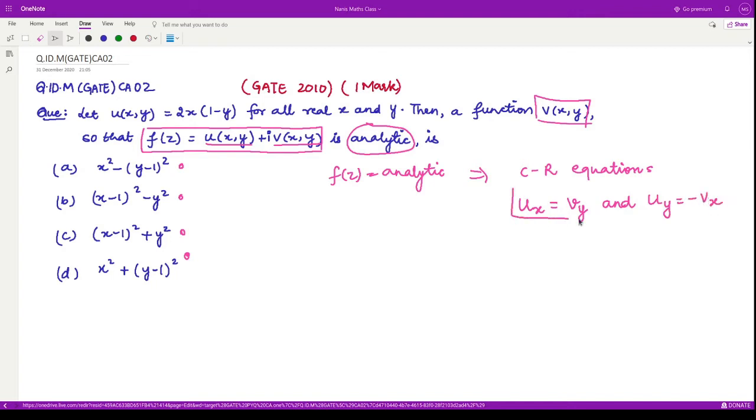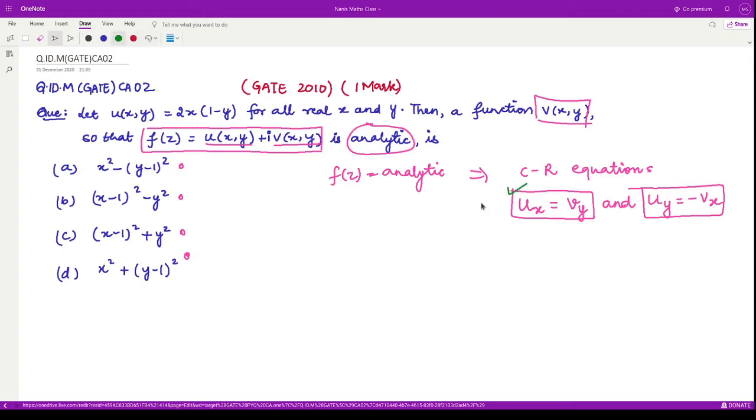So if these two conditions are fulfilled for any of these four, then we'll say that the corresponding v is that one. Let us check these conditions one by one.